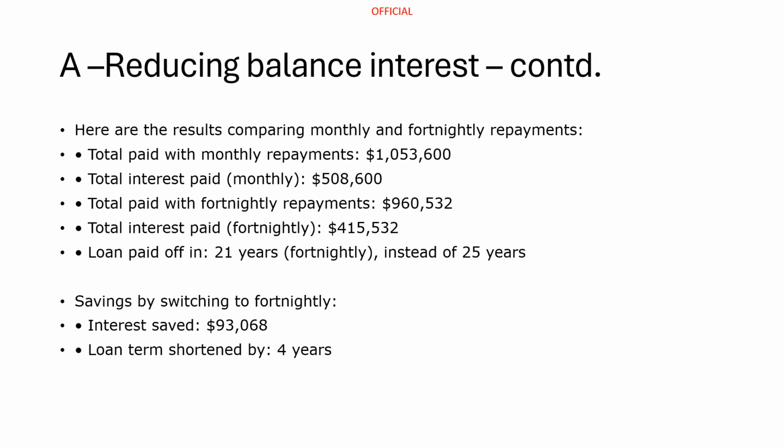So instead of taking 25 years to pay, if he pays fortnightly, it would only take him 21 years to repay. So the saving by switching to fortnightly is that he can save $93,000 in interest and he can shorten the loan term by 4 years as well.